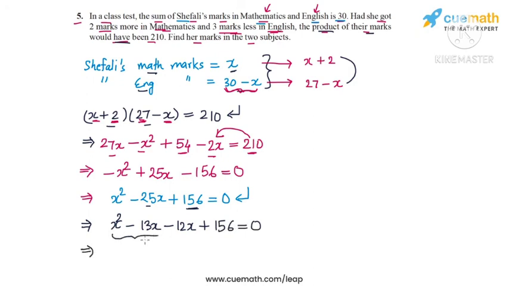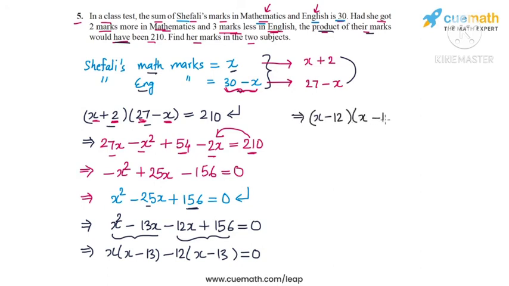From the first pair of terms we can take out x common, so we get x times x minus 13, and then from the second pair of terms we can take out minus 12 common, and we get x minus 13 again. This is equal to 0. So this equation factorizes as x minus 12 times x minus 13 equal to 0, and this means that x is either 12 or x is 13.